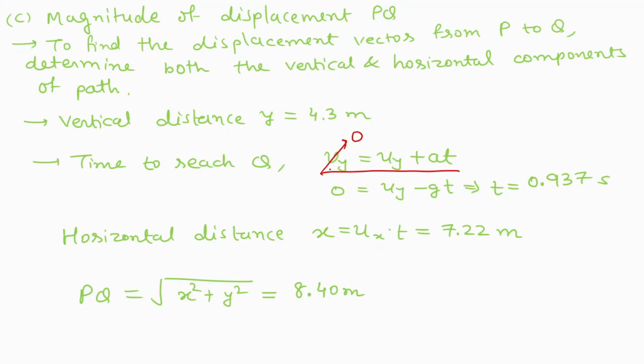With a equal to minus g and t, we get the time the ball needs to go from P to Q.